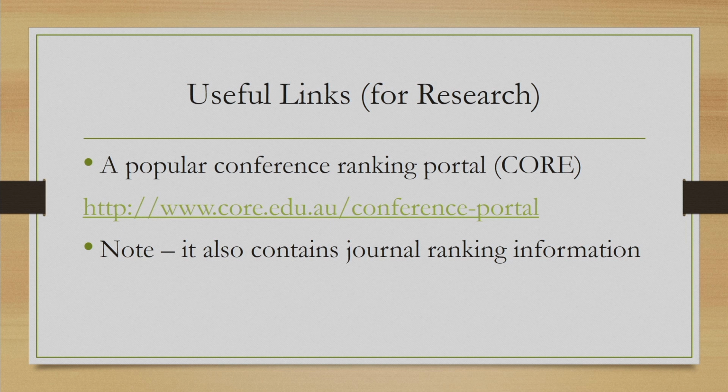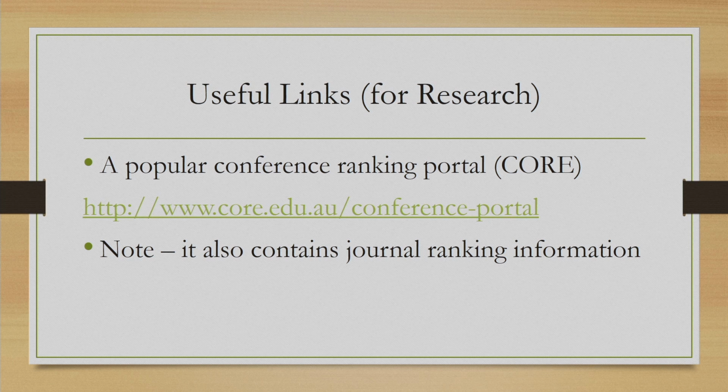So, how do we know that the particular conference that we have found publishes good quality, reliable work? Of course, there is no straightforward answer to this question, and it is somewhat based on our experience. So, we can make a judgment about the quality of a paper based on our experience.